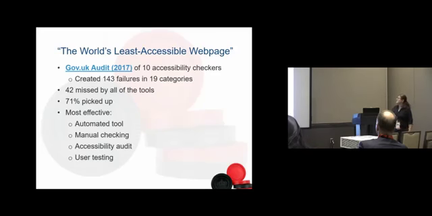So in the UK, uk.gov did a test where they tested the world's least accessible web page. They created a web page of 143 accessibility failures in 19 categories.